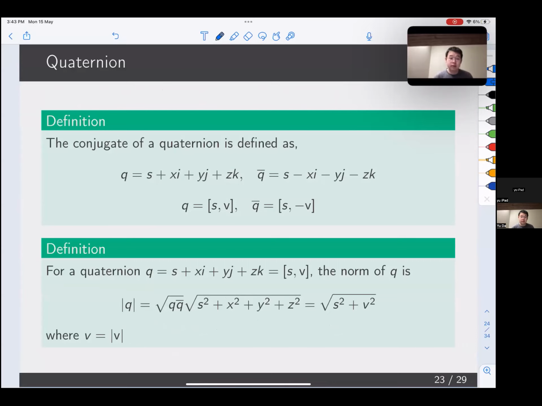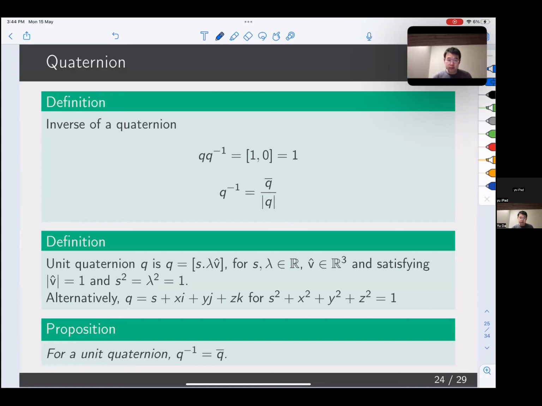Then we want to define the conjugate of a quaternion, which is just flipping the sign of the vector part in the ordered pair notation. We also define the norm of a quaternion as the sum of the coefficients squared and then taking the square root of that.